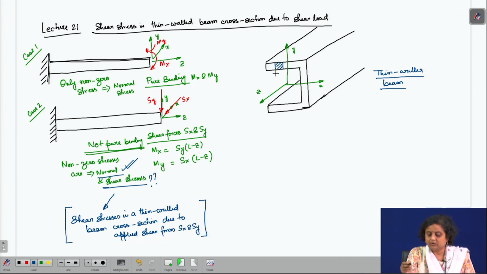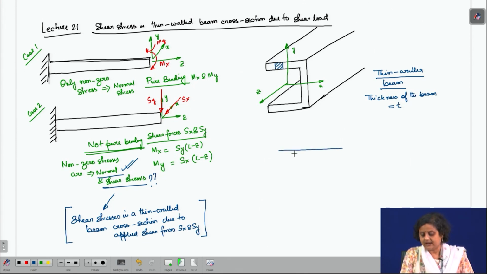Let us consider that the beam has a thickness T. If we take a small elemental portion and draw that elemental portion, we can try to see what are the stresses acting on it.